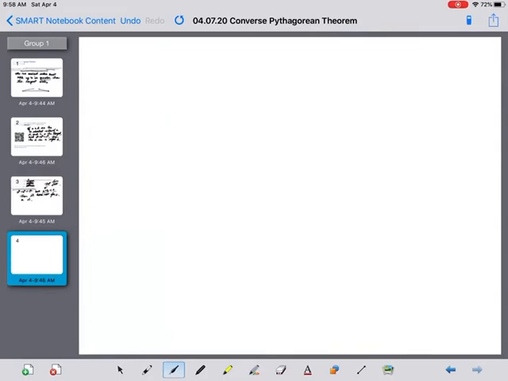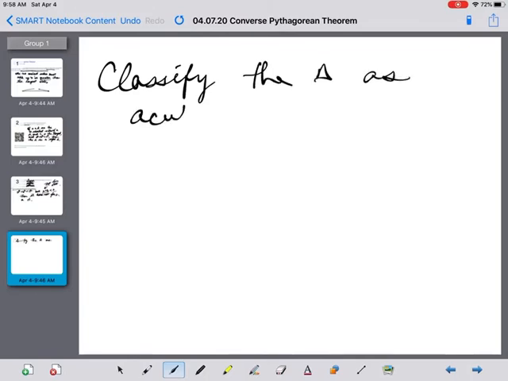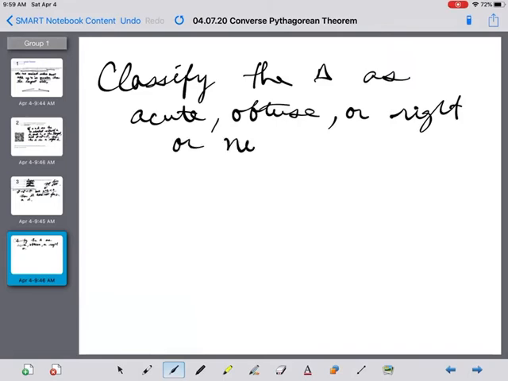So some examples would look like this. Classify the triangle as acute, obtuse, or right, or no triangle.